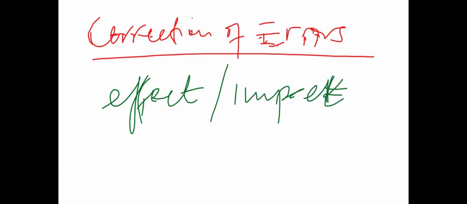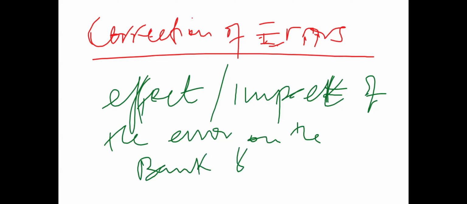What is the impact of the error? Because once you understand the impact of the error on the bank statement, then you can know where you can put it correctly. So if that error has the same effect or the same impact as the unpresented checks and the wrong credits, so we gave two issues.